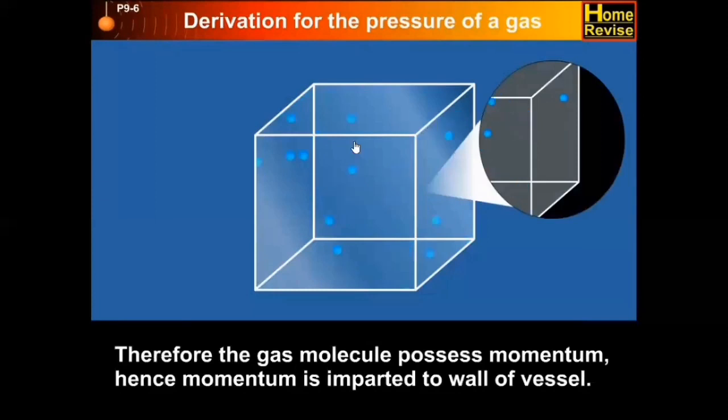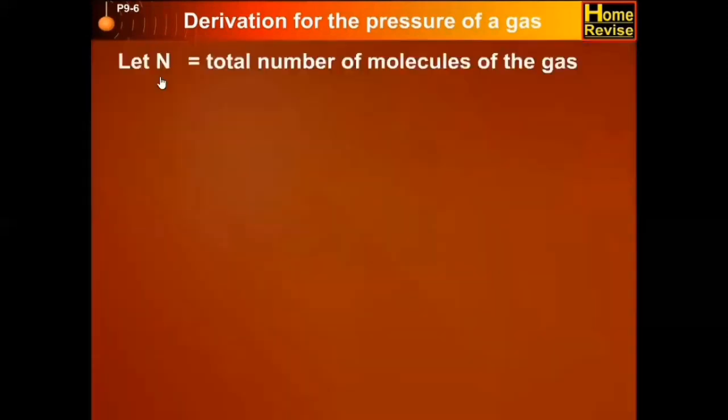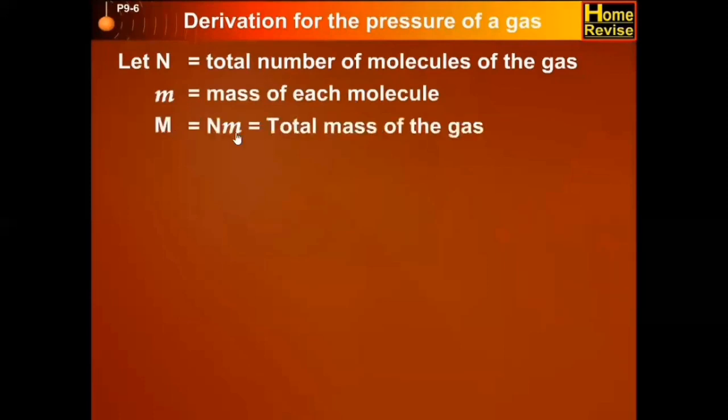We see here the motion of the gas molecules. Now we take into consideration: let n be the total number of molecules of the gas inside the vessel, and m the mass of each molecule. So the total mass of the gas is n times m. Very simple.